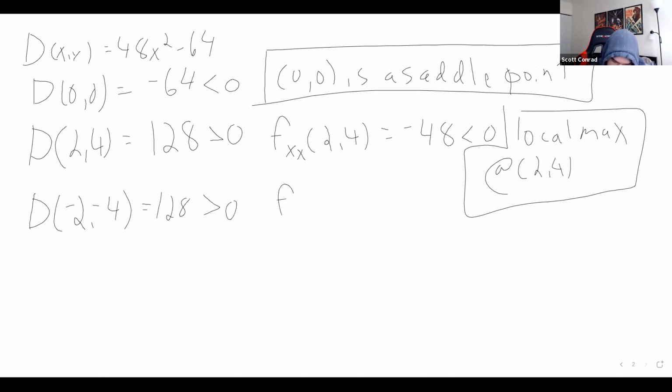Then we check f sub xx at negative 2, negative 4, and we see the same thing. We also get negative 48, which is negative. So we get a local min at negative 2, negative 4. Oh, sorry, local max, local max, local max.